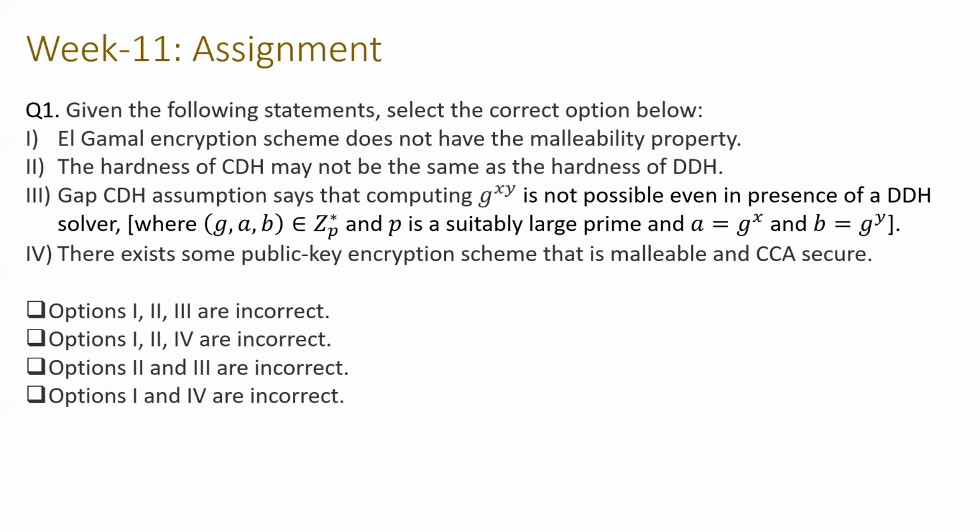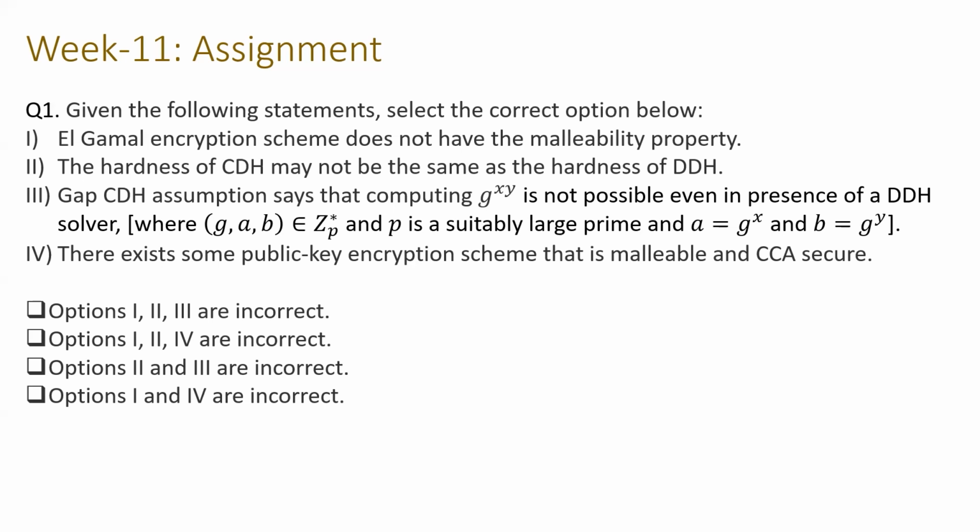The CDH problem still remains hard. That is where the context of the gap CDH problem comes in. So the hardness of CDH is not the same as the hardness of the DDH problem, so the second option is correct.